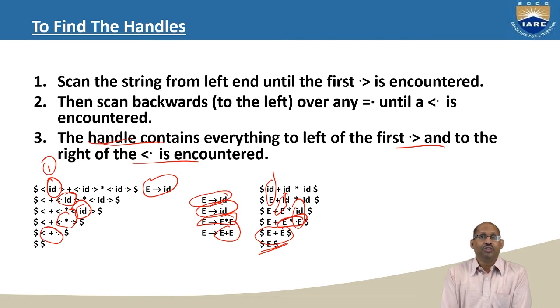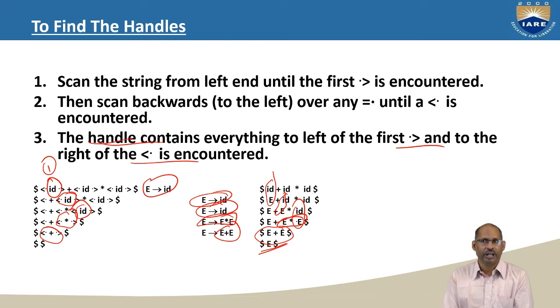So here we insert the precedence relations between all the terminals of the input string. Then the left of the first higher precedence and right of the less precedence is considered as the handle in the right sentential form.